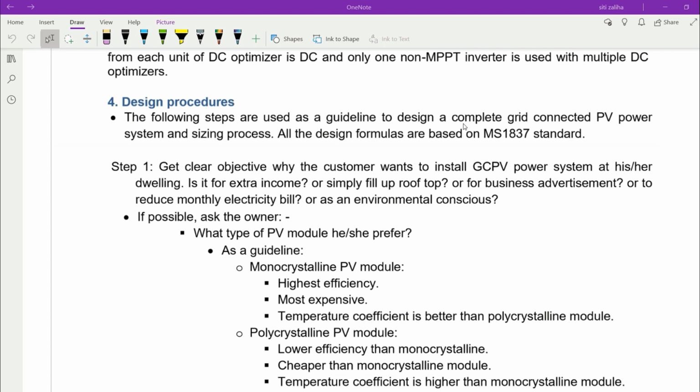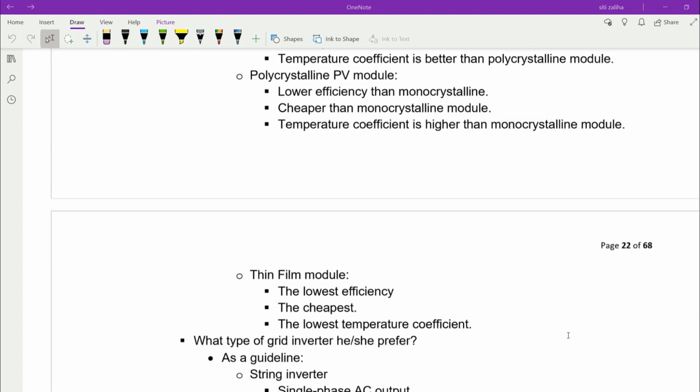So this is a guideline. For the monocrystalline PV module, it has the highest efficiency, is the most expensive, and the temperature coefficient is better than the polycrystalline module. The polycrystalline PV module has lower efficiency than monocrystalline, is cheaper than monocrystalline, and its temperature coefficient is higher than monocrystalline.